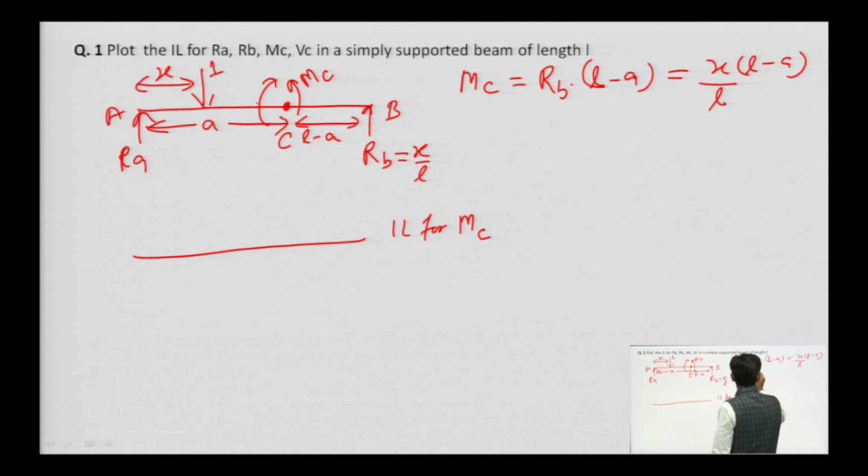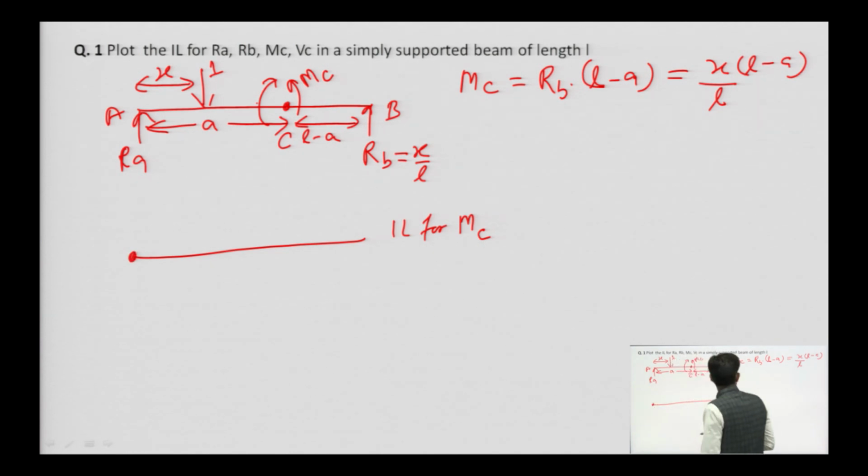Here, for MC, the bending moment, the variation is linear. Let us plot it when the point load is at A. The value of x will be 0, so by putting x as 0, we get the value of MC as 0.